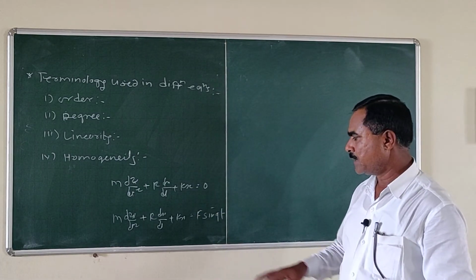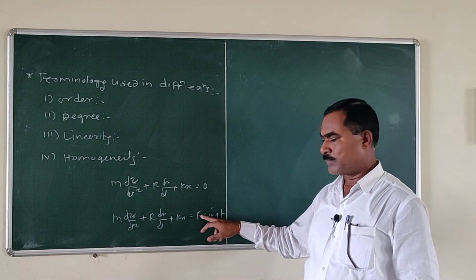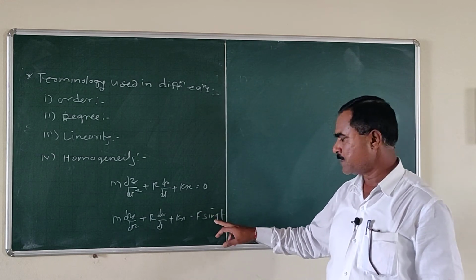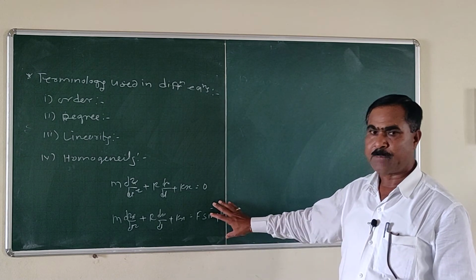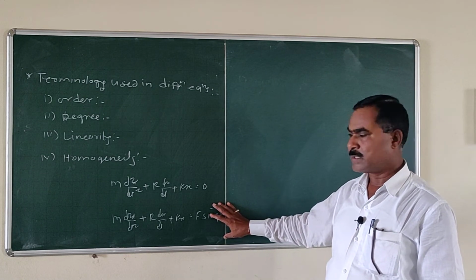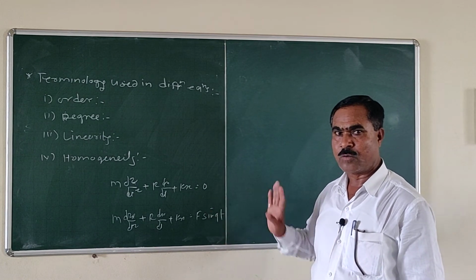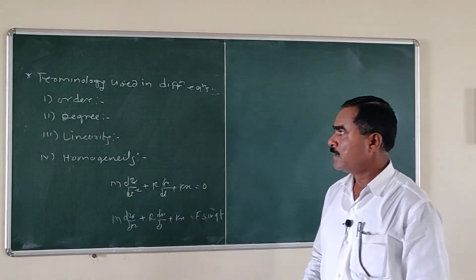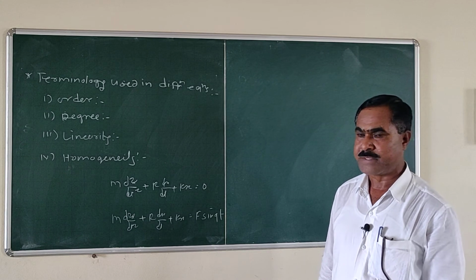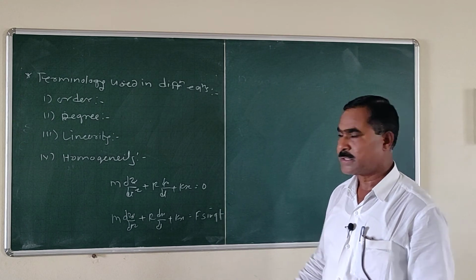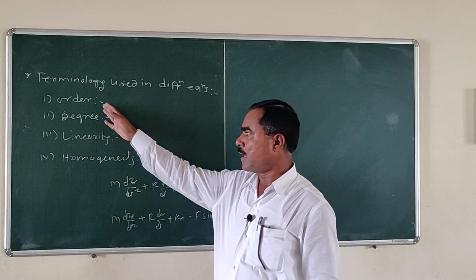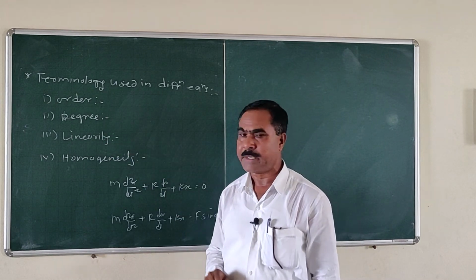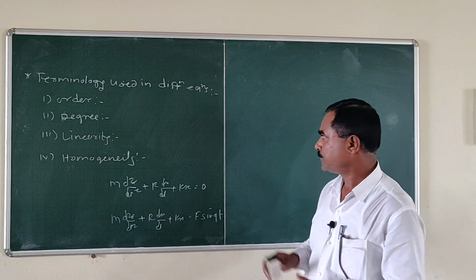In this equation, the term after the equal sign is F sin qt. That means this equation is inhomogeneous or non-homogeneous. So, before solving the differential equation, we have to use this terminology: what is meant by order, degree, linearity and homogeneity.